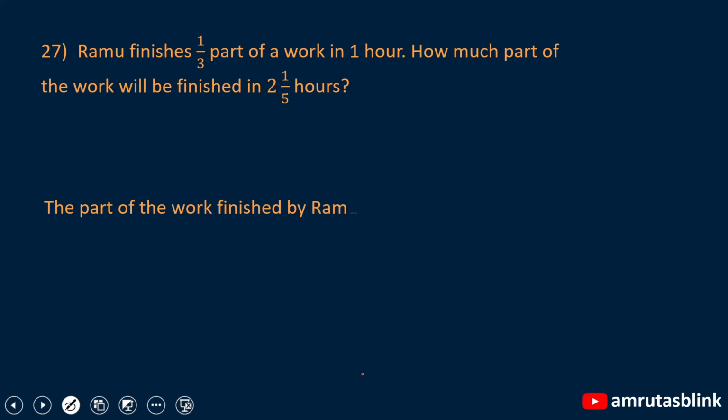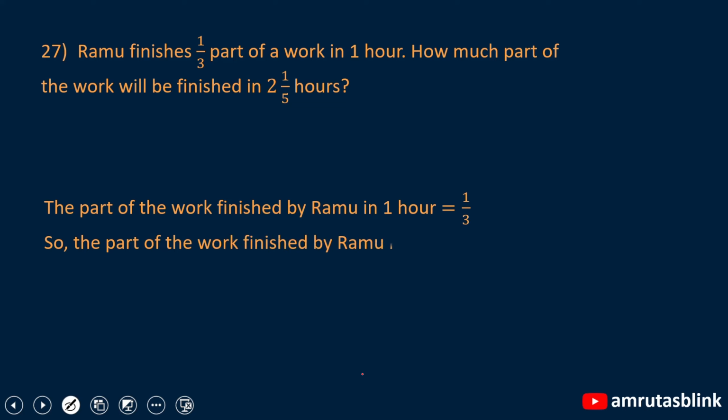So the part of the work finished by Ramu in 1 hour is equal to 1 upon 3. And we need to find out how much part of the work he will finish in 1/5 hours. So the part of the work finished by Ramu in 1/5 hours will be 1/5 into 1/3.